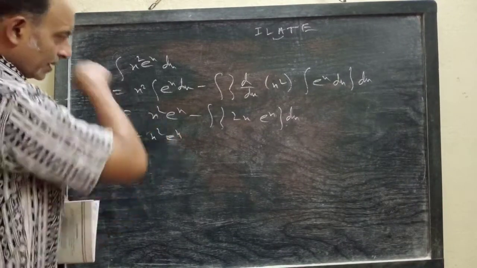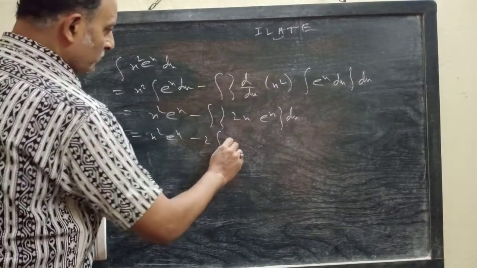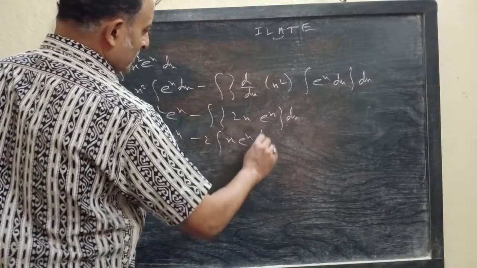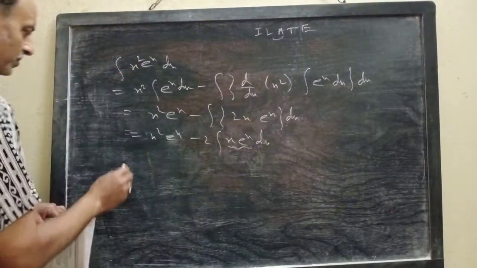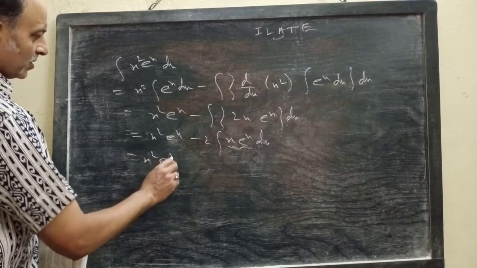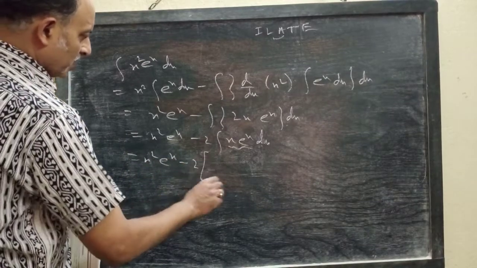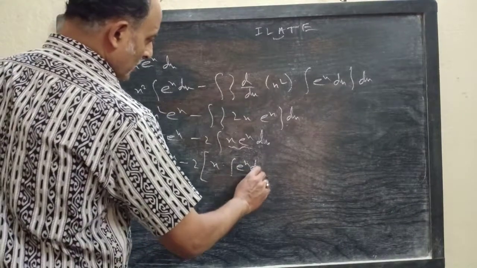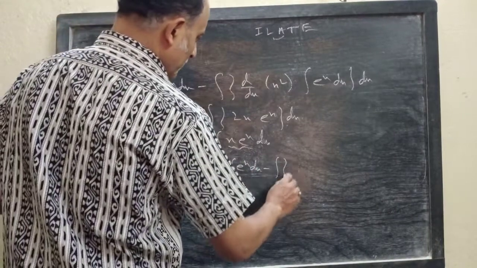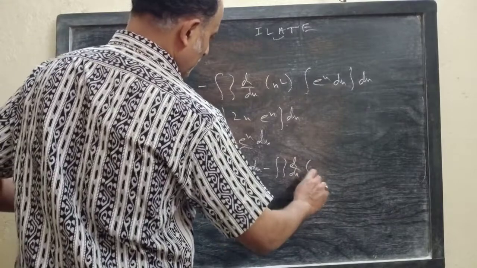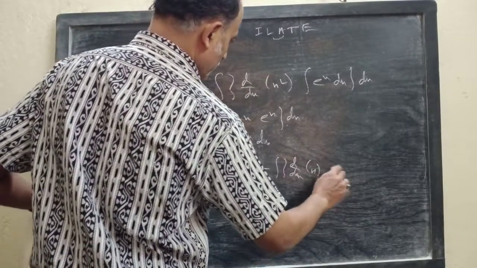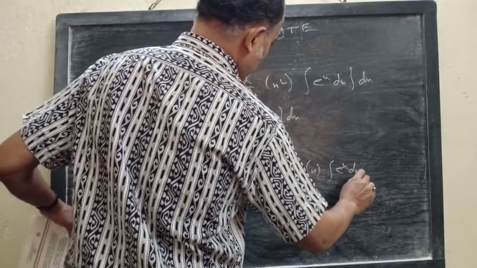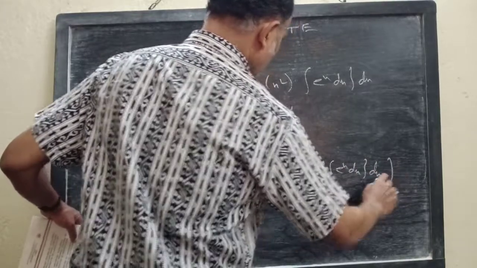X square e to the power x minus 2 integration x e to the power x dx. Again by parts. X square e to the power x minus 2, third bracket, x as first function, minus integral, second bracket, derivative of first function, integral of second function, third bracket closed.